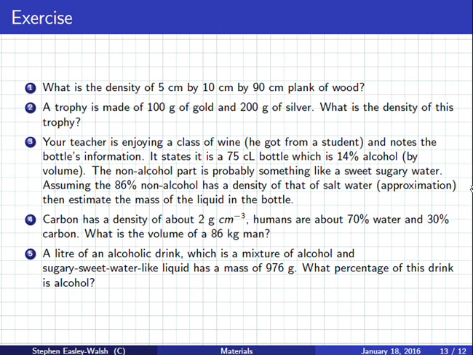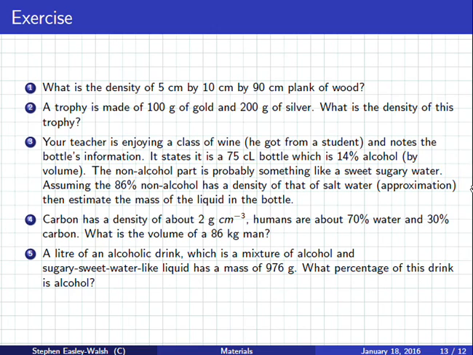So what you do now is you mix the two together into one large bottle. So what is the total mass? Well, if you add 1 kilogram of water to 1.03 kilograms of salt water, the total mass is 2.03 kilograms. Next is what is the total volume.